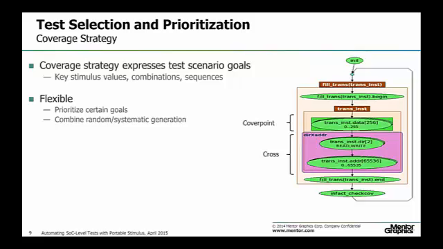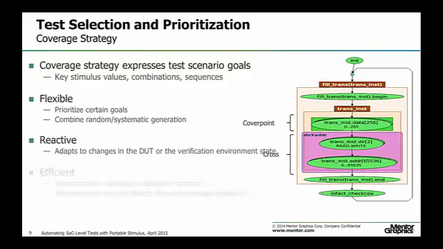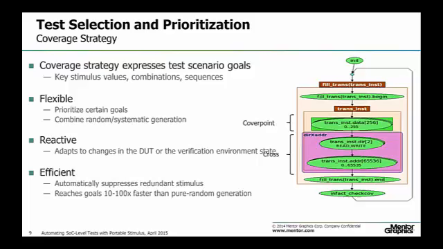So once you have defined a coverage goal, it will be systematically targeted, while you can leave other things like particular data and address values to be randomized. It can also be reactive, so the goals can adapt to the state of the DUT or the test bench. And by doing this, we can suppress the generation of redundant stimulus and typically achieve 10 to 100 times faster coverage compared to random generation.